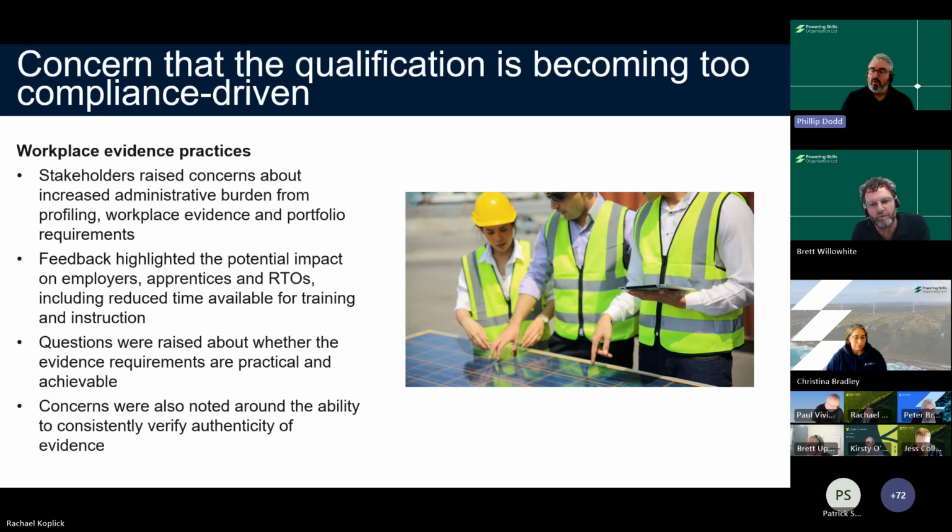documenting what type of system is used to collect the workplace evidence. So there's many systems out there at the moment. So it could be anything from an electronic portfolio. In some cases, it might be a paper-based portfolio with photographs in there. There will be touch points within the final unit of competency, and as Christina mentioned, testing and verification is one of those points that you'll need to see.